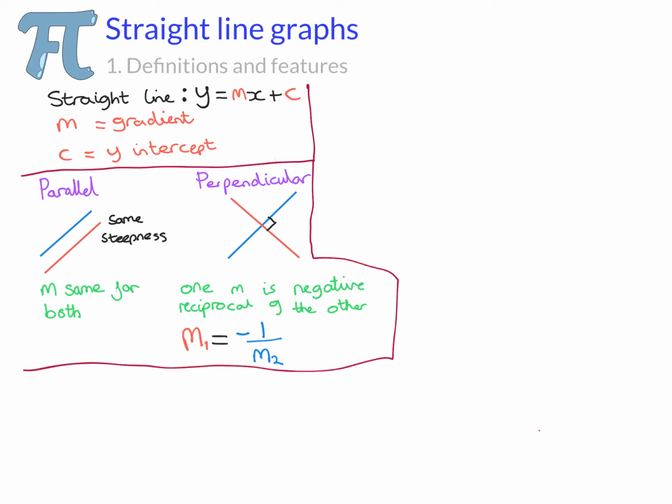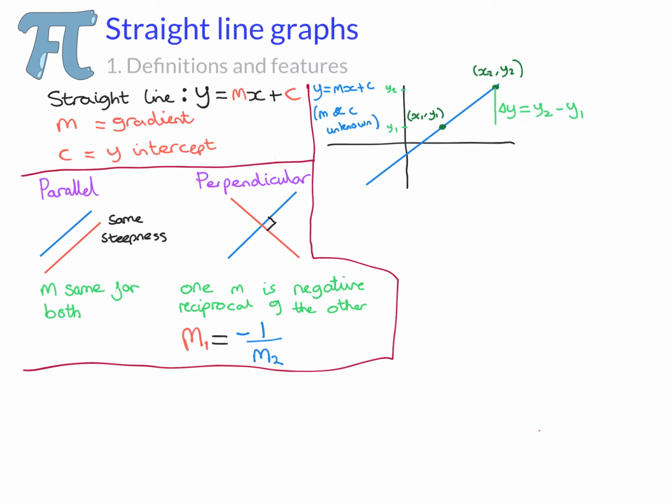If we are given 2 points and told that they lie on a straight line, we can find out everything about the line using those coordinates. Remember, all we can know about a straight line are the values of m and c. We look at these 2 points here and see that the y-coordinate has changed by an amount delta y is equal to y2 minus y1, and the x-coordinate by an amount delta x is equal to x2 minus x1.